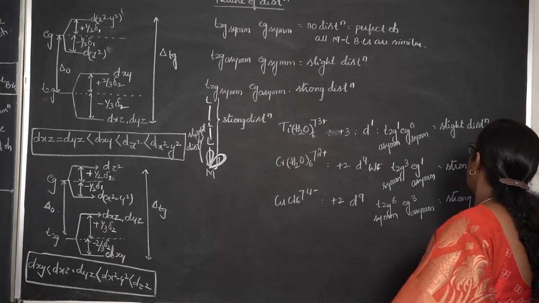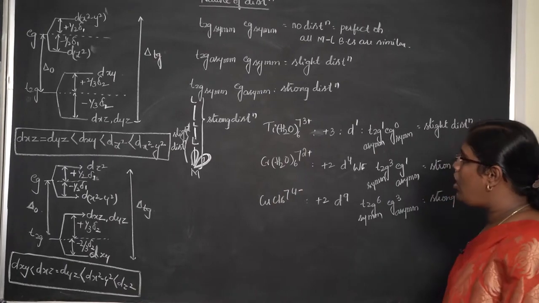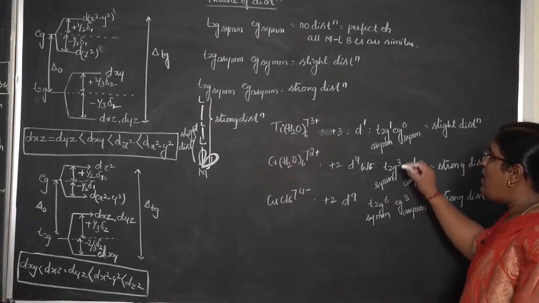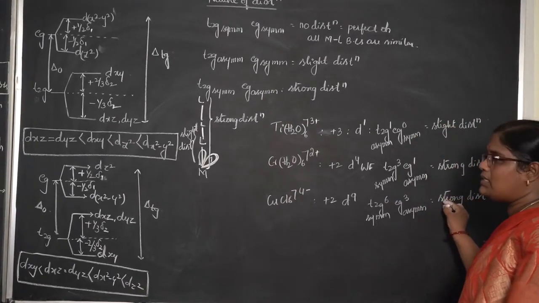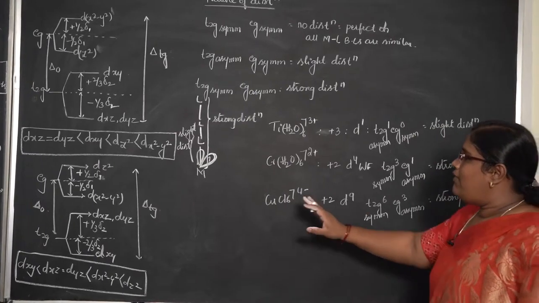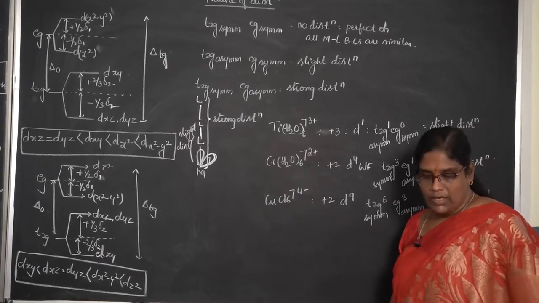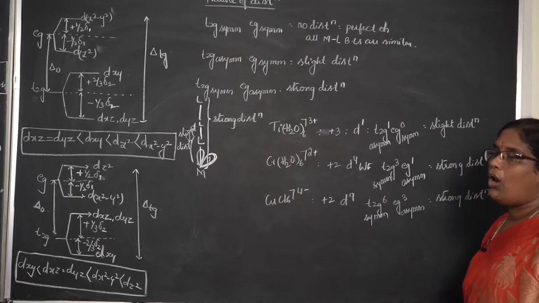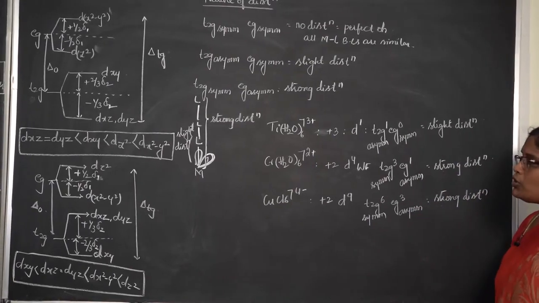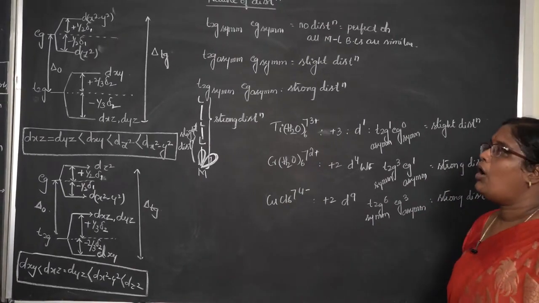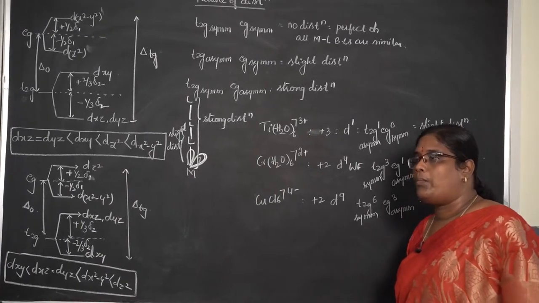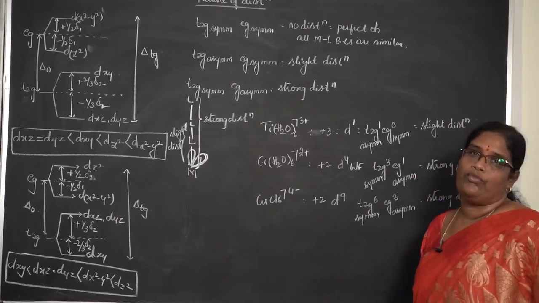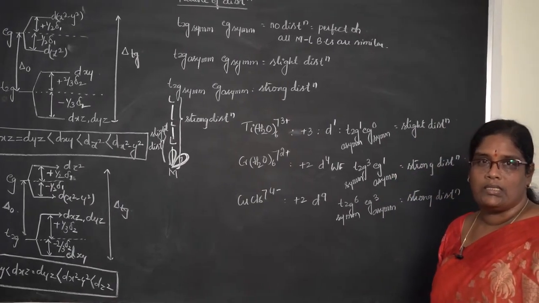So by seeing the complex, we can just predict whether the distortion exists or not. But we cannot say which type of distortion exists, whether it is elongation or compression. In order to understand that, we have to go for experimental observations.